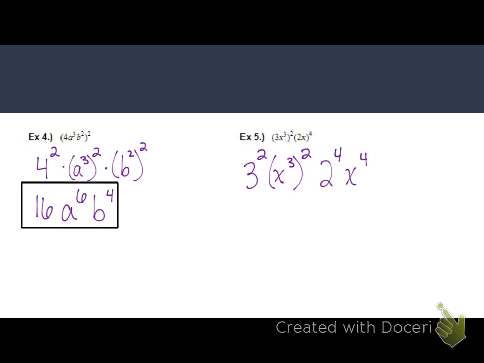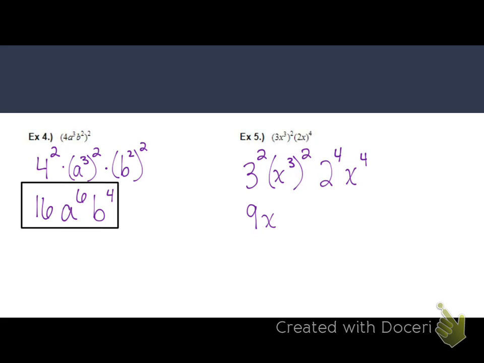Let's go through left to right and simplify some more. 3 squared is 9. On this first x, we have a power raised to a power. So what do we do with the 3 and the 2?